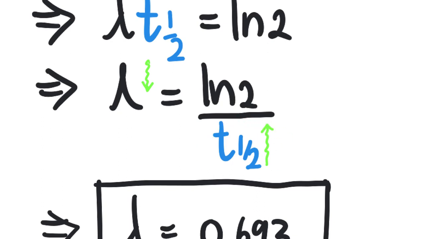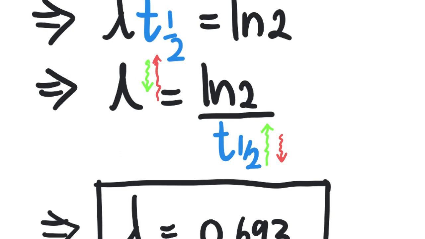In other words, it's going to take longer for that radioactive sample's number of undecayed nuclei to decay to half of that amount. And so if we decrease t half, then this is going to increase the decay constant.